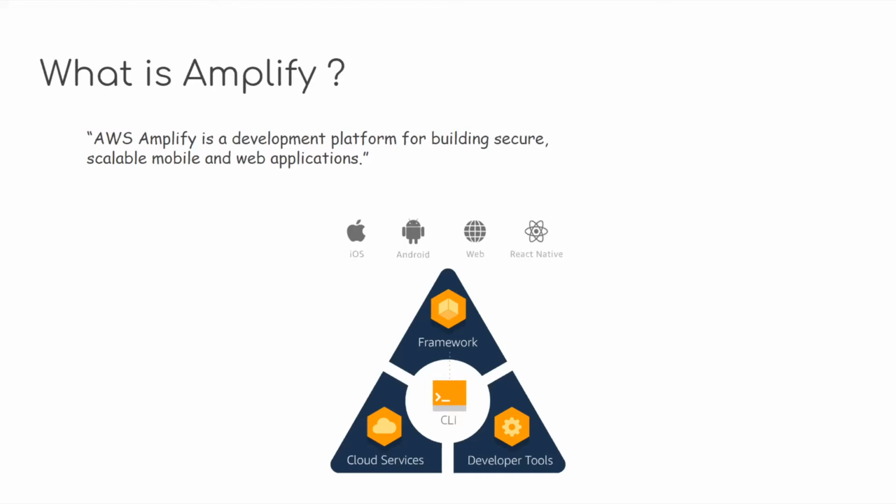A few years back, before the launch of Amplify, a managed service called AWS Mobile Hub was used for cloud-enabled mobile applications, which simplified the process of building, monitoring, and maintaining the cloud-enabled infrastructure. But it did not provide a specific way to provision and maintain mobile backends, secure hosting, or continuous delivery.